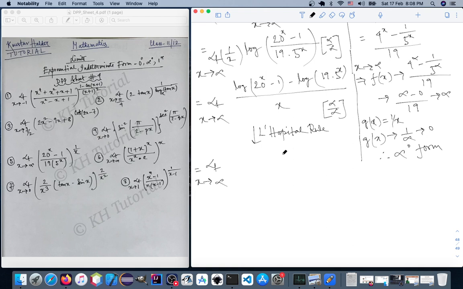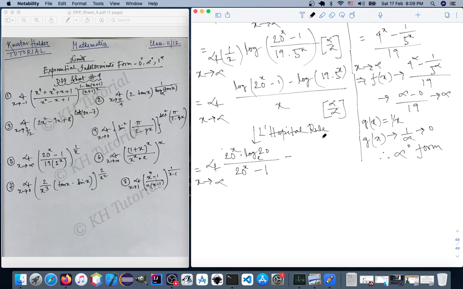We differentiate this. What do we get? 20 a to the power x is log a 20, divided by minus 1, minus 1 by 20 to the power x minus 1, and then again differentiate 20 to the power x, which is 20 to the power x into log e 20.